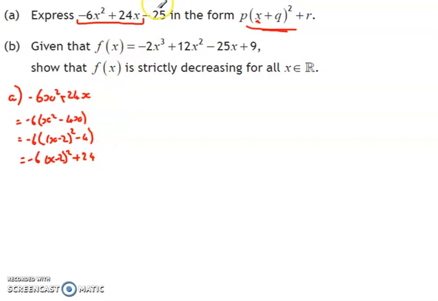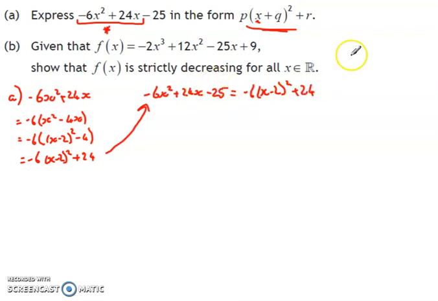Now if we look back to the original function, that's me dealt with this first part here. I haven't dealt with the minus 25. So what I'm going to do is say, fine, negative 6x squared plus 24x minus the 25 equals this bit here, so the minus 6 bracket x minus 2 squared plus 24.